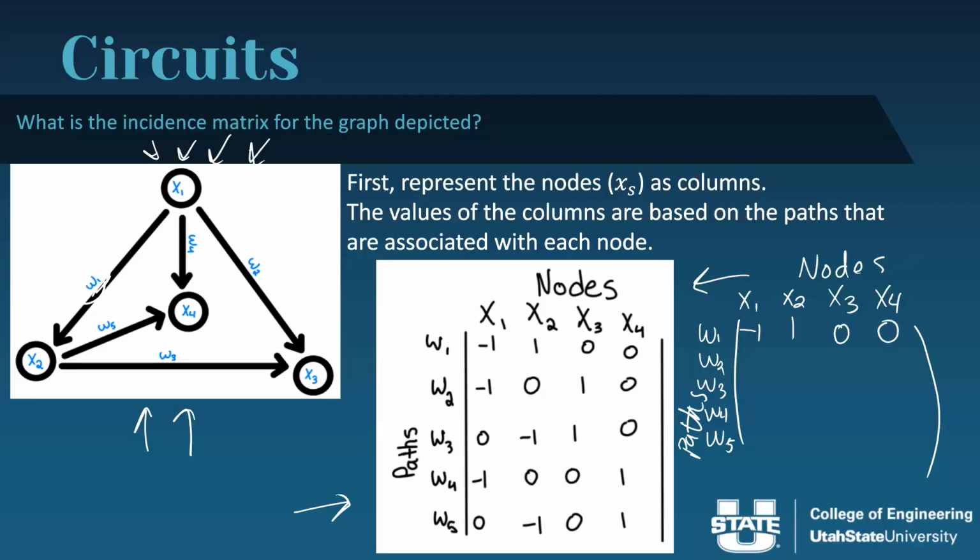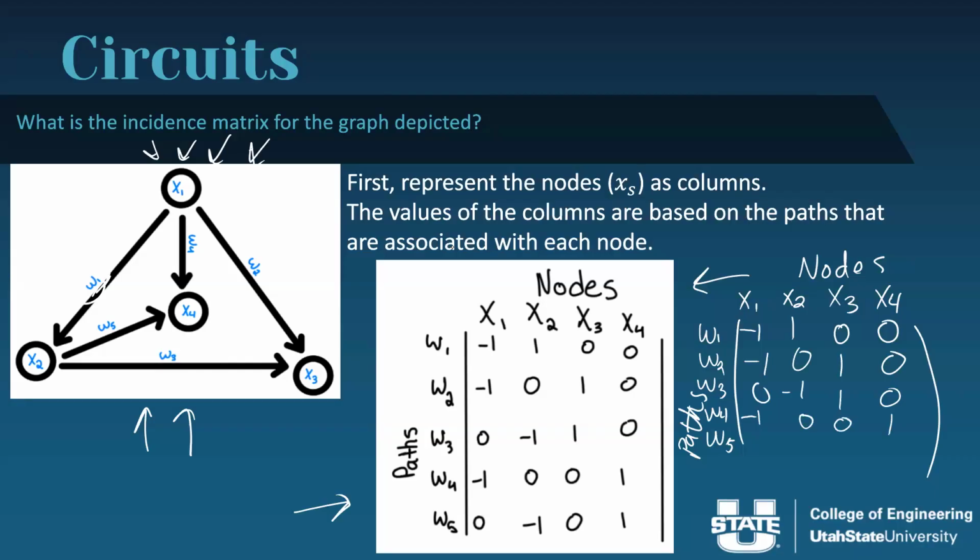Similarly for path 2, which goes from 1 to 3, we put a -1 on 1, a 1 on 3, and zeros everywhere else. For path 3, it goes from node 2 to node 3. So again, -1, 1, zeros in the other spots. Path 4 goes from node 1 into node 4.